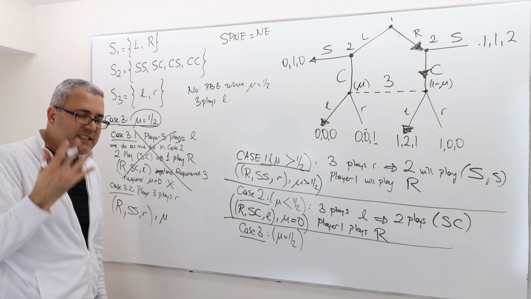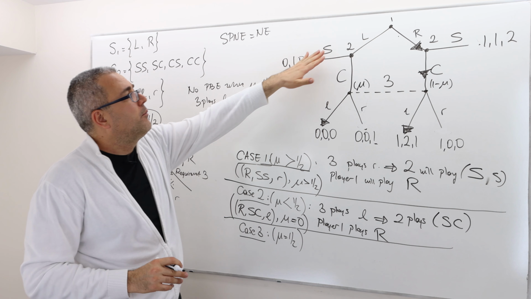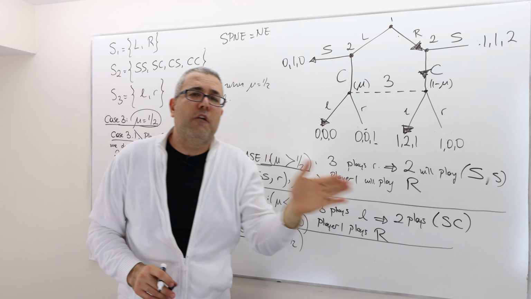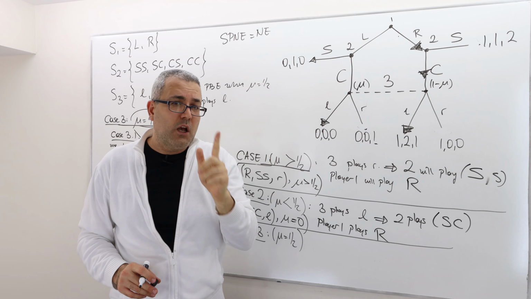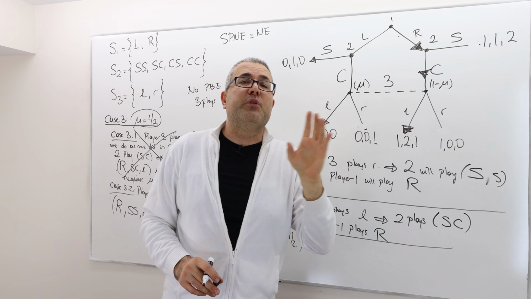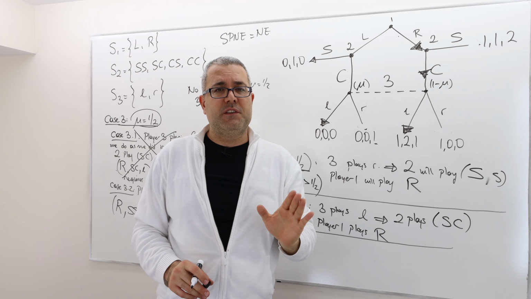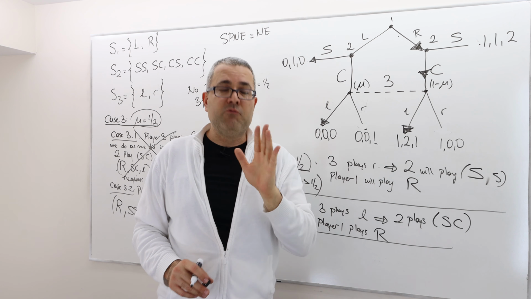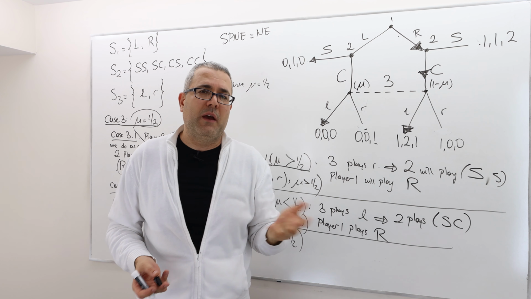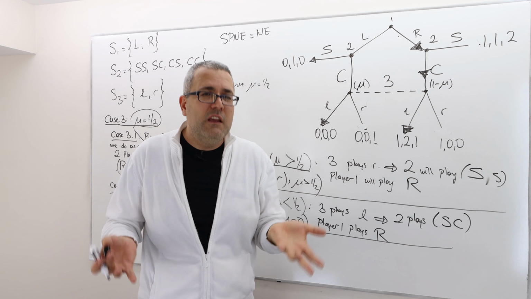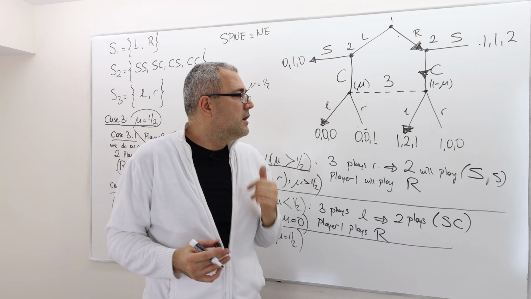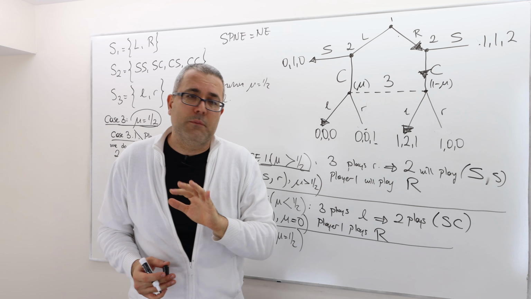So what does that mean? That means if player 2 plays S here and S here, this information set is off the equilibrium path. And so remember, mu was a free parameter. Any mu is consistent with requirements 3 and 4, and because this information set is off the equilibrium path, requirement 3 is by default irrelevant, meaning by default it is satisfied. So therefore any mu is possible.